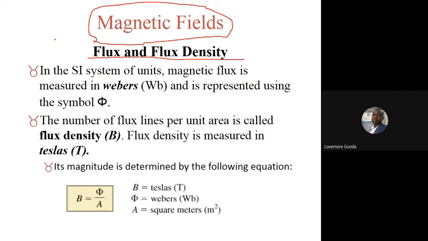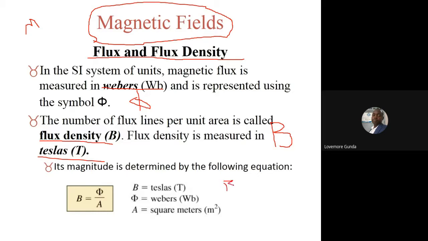For flux, it is measured in Webers, represented by phi. The number of flux lines per unit area is the flux density, represented by B, measured in Teslas, T.